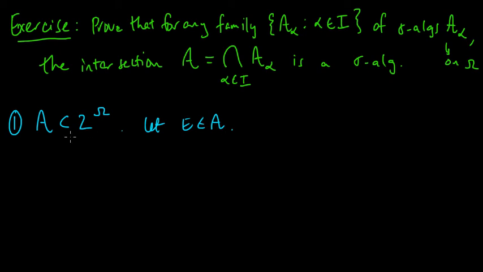So if E is a member of the sigma algebra, then, before I continue with this, let me just give you a side note here. The intersection of all these: something is in the intersection if and only if, so E is in the intersection if and only if E is in script A sub alpha for all alpha in I, if and only if it's in each of them.